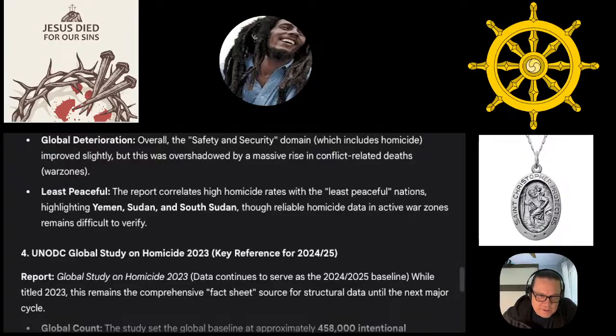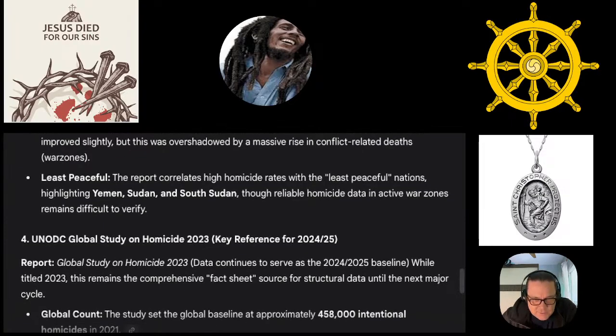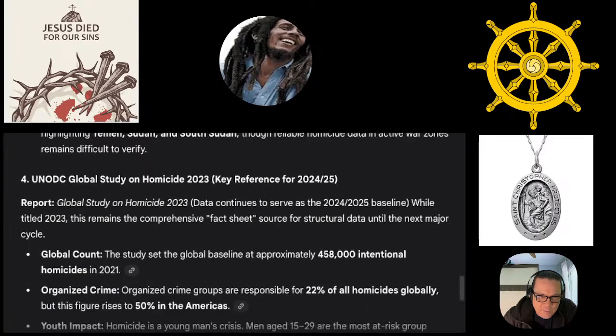So they're using the 2023 numbers as the baseline for the 2024-2025 numbers. This remains the comprehensive fact sheet source for the structural data until the next major cycle. So basically, they're going to run the information from 2023 into 24 and 25 because they do not have updated reports.